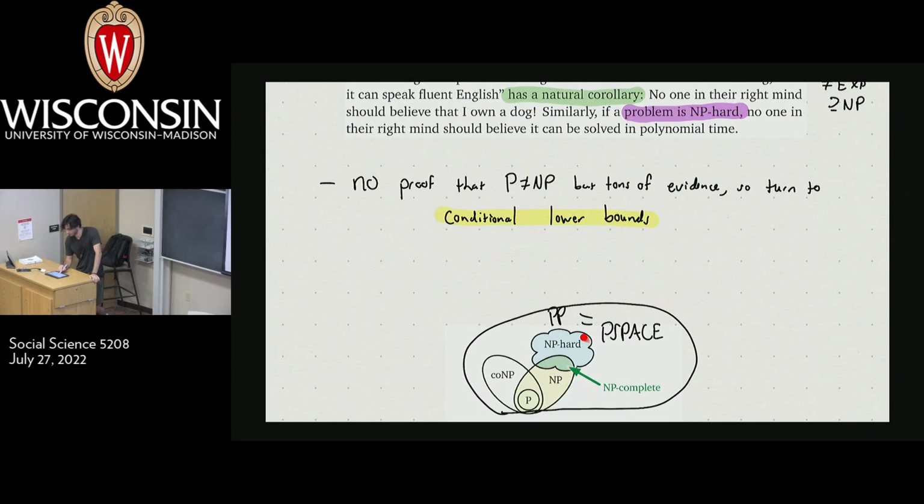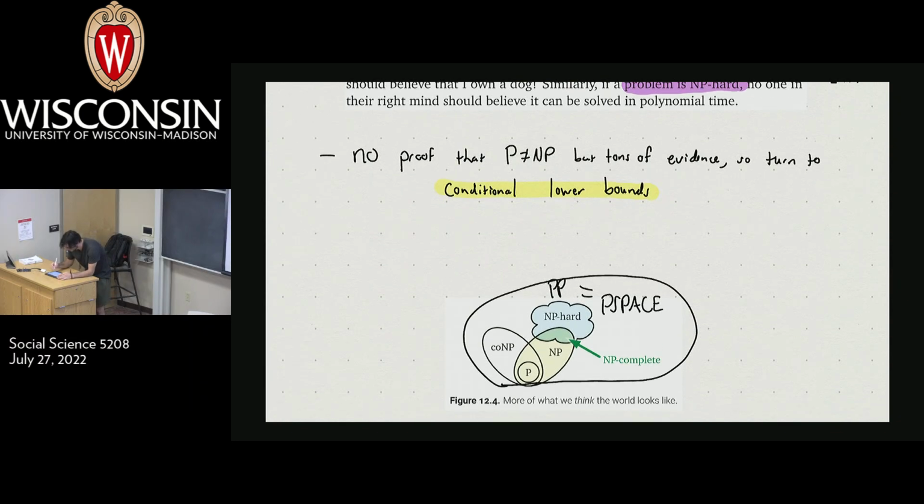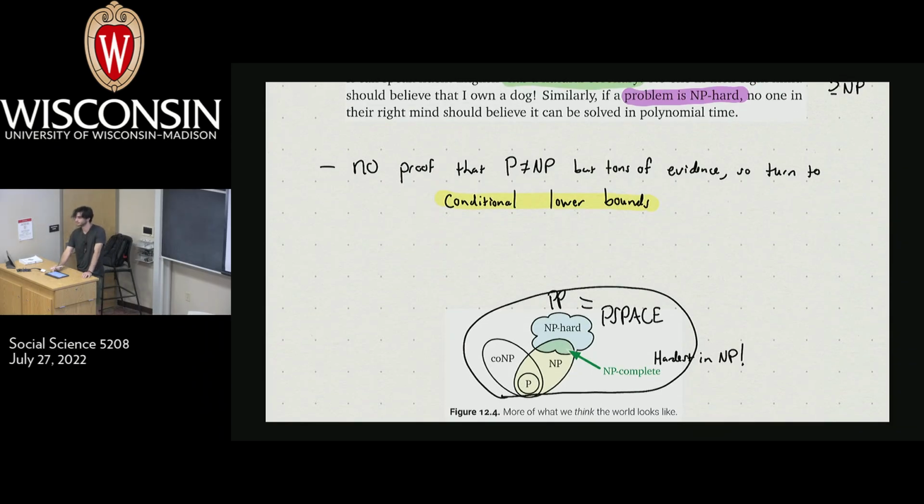So NP-complete is NP-hard and in NP. So you can think of it as the hardest problems in NP. So since it's in both, would it also be true to not believe that it can be solved? Yeah, exactly. It's the same thing.